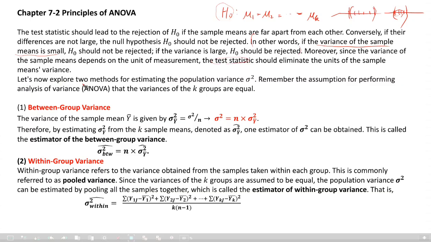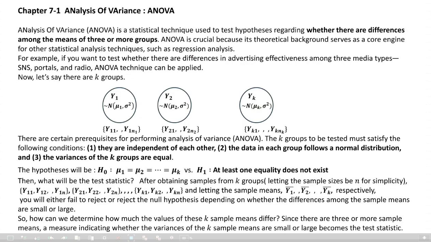Let's now explore two methods of estimating the population variance sigma square. Remember the assumption for performing analysis of variance that the variances of the K groups are equal. I showed you last time there are K groups, each group follows a normal distribution with the same equal variance sigma square.